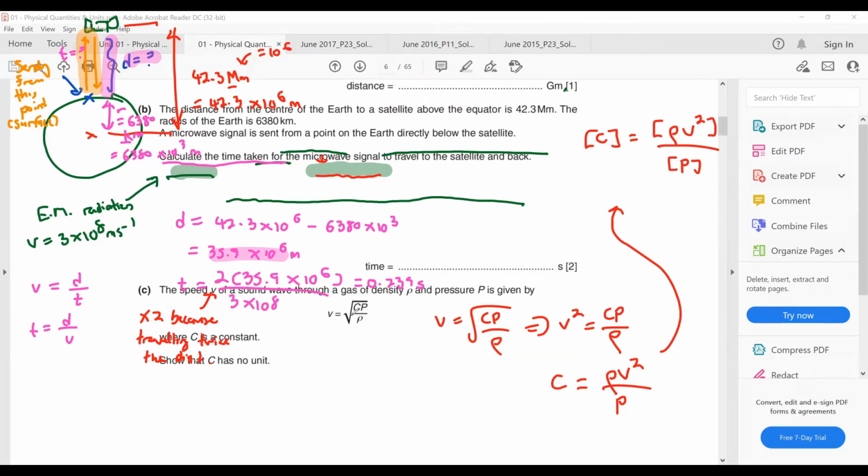Now, you need to find out what is the unit of pressure first. Okay, wait, let me see whether I'm doing things correctly. Rho v squared over P, yeah, correct.